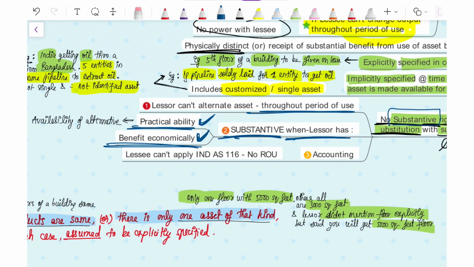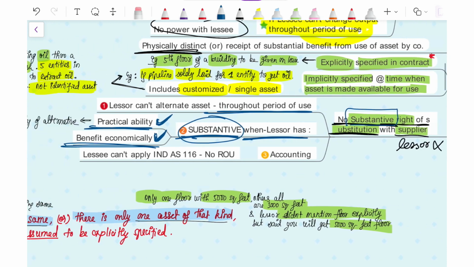If these two conditions are fulfilled, one that the lessor has a practical ability to alternate the asset, and the second that the lessor will benefit economically from such alteration, alteration meaning substitution of the asset, then in such a case the lessor is said to have the substantive right of substitution.